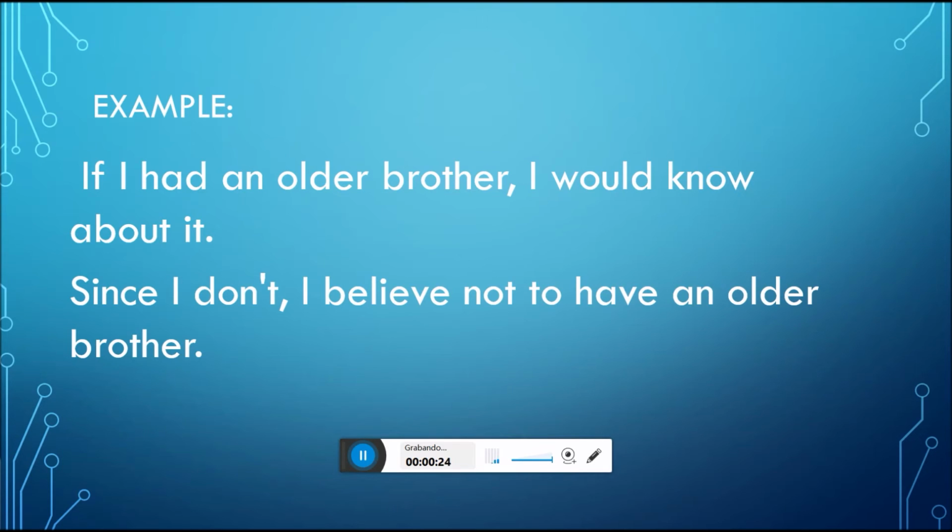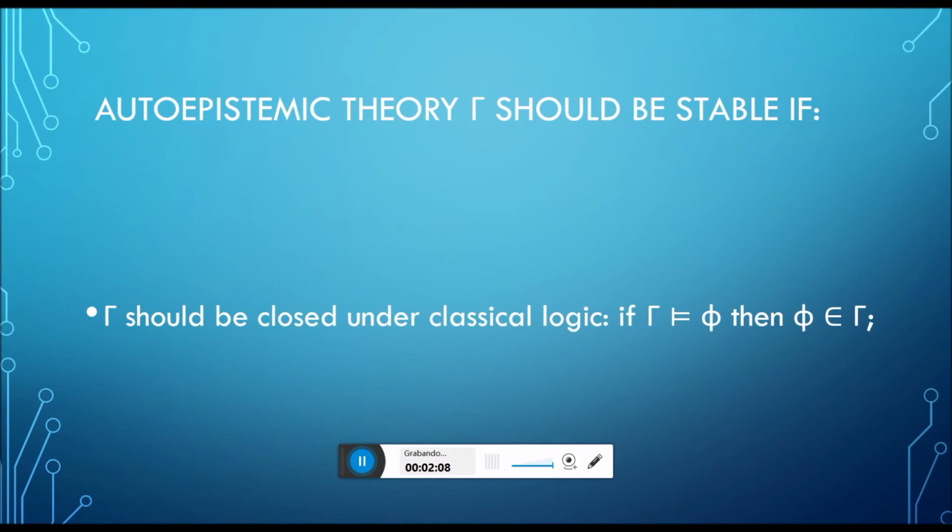An autoepistemic theory consists of the beliefs of an agent, including her reflective beliefs about her beliefs. An autoepistemic theory gamma should be stable if gamma is closed under classical logic: if gamma entails phi, then phi belongs to gamma.